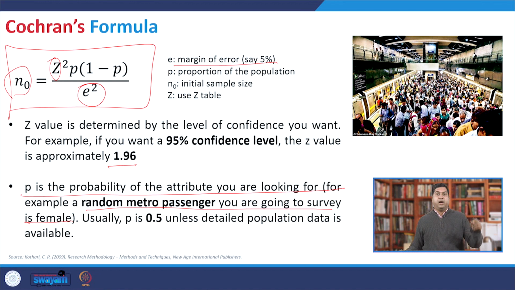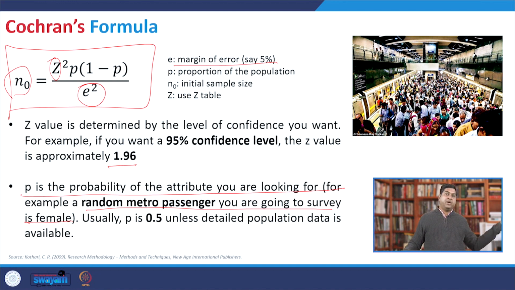If you are interested in tapping the experience of female passengers towards the metro facility, then for this particular characteristic, what could be the probability? In that case, 0.5 is taken where you have no other characteristics available.